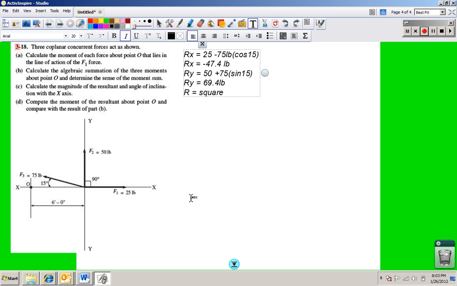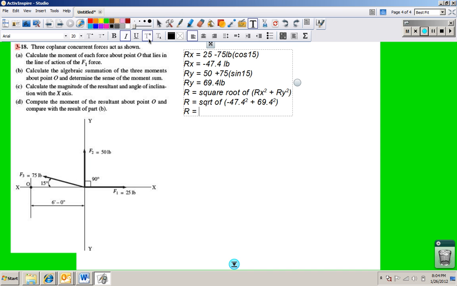Okay, now we know that R is equal to the square root of Rx squared plus Ry squared. So R is going to be equal to the square root of 47.4 pounds squared plus 69.4 squared.